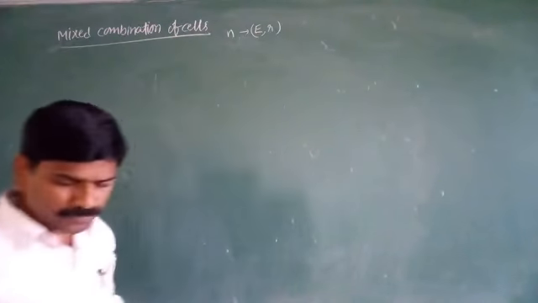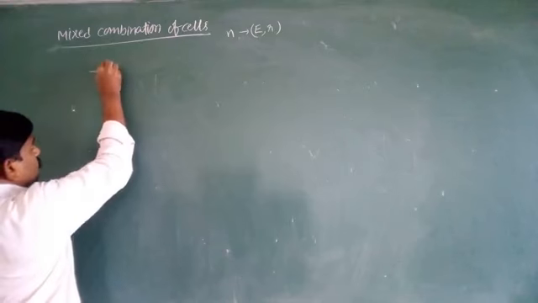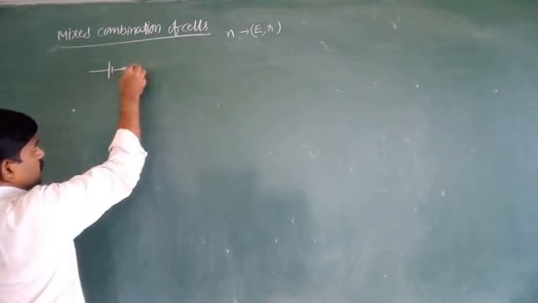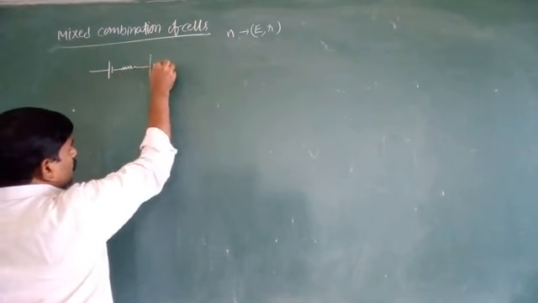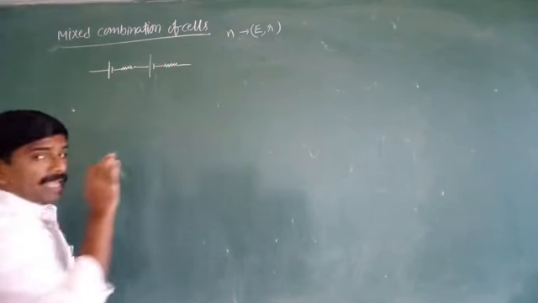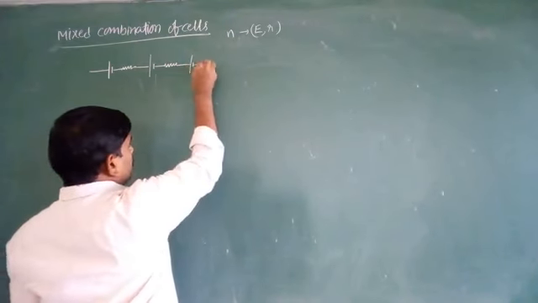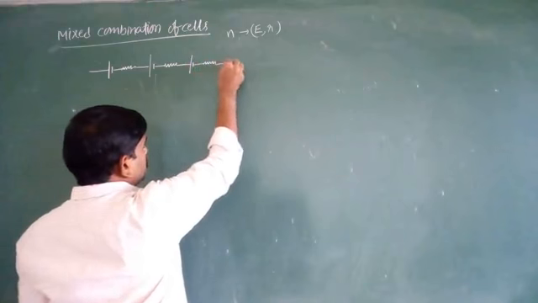Here, observe. N cells are connected in the series combination. This is the internal resistance. All are connected here in the helping manner. This one is again positive and negative with internal resistance.